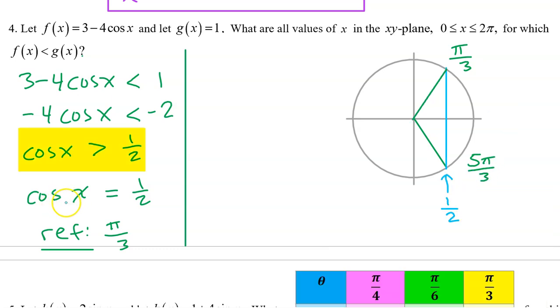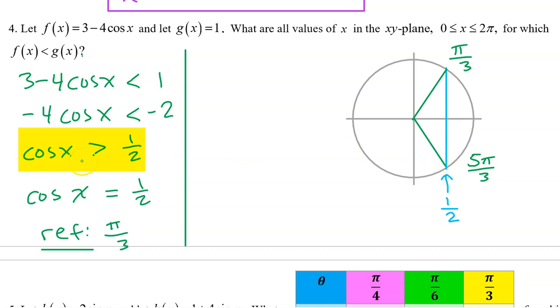The cosine function gives the horizontal displacement on the unit circle. So the cosine of both of these angles equals positive 1/2. Therefore, the horizontal displacement at these two endpoints is 1/2. So this light blue vertical line represents a horizontal displacement of exactly 1/2.